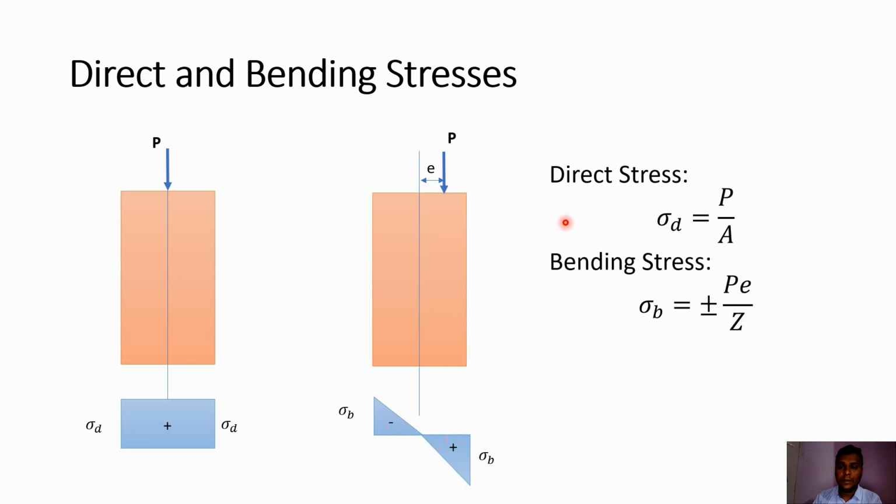Therefore, to find the resultant stress, we need to take the algebraic sum of direct and bending stress. In the second case, when the load is eccentric, both direct stress and bending stresses are developed, and to find the resultant stress, we take the algebraic sum of direct stress plus bending stress.